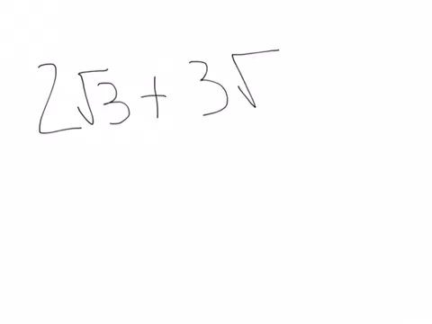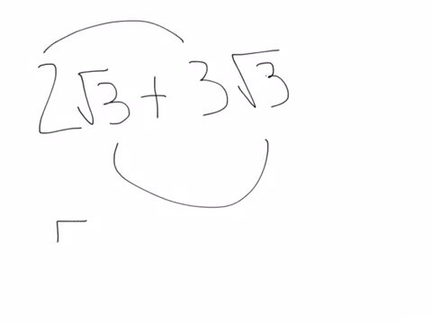Firstly, the simplest addition or subtraction in radicals is like this. It's a very simple problem. You can see that both radicands are the same. So by this, you can add the numbers outside the square root. That would be 5 root 3.